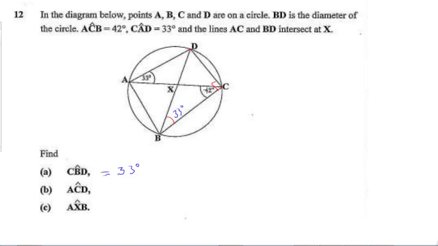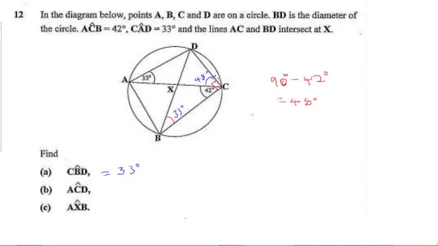So if this is 90 degrees, ACD is simply 90 minus the 42 that's there. So 90 minus 42 gives us 48 degrees. Therefore, this angle that we have here is 48 degrees. Do you see how simple this is?